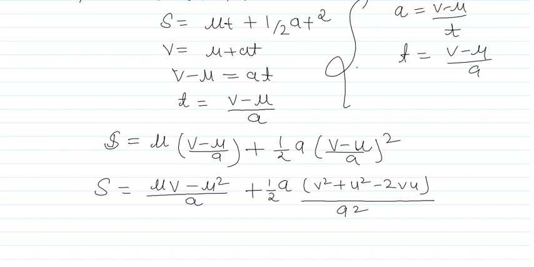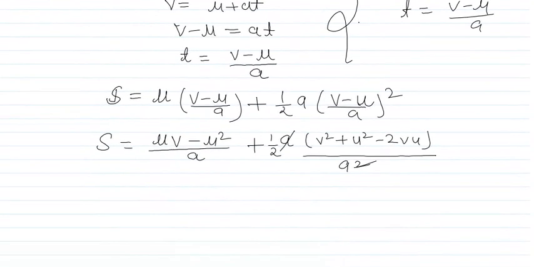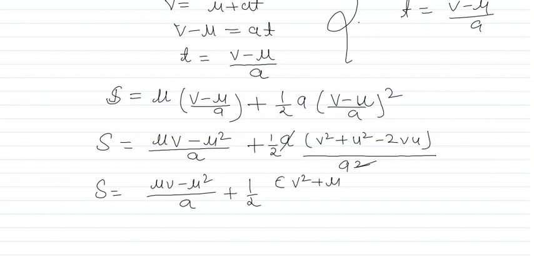Now this s is equal to uv minus u square upon a, plus half, v square plus u square minus 2vu upon a.